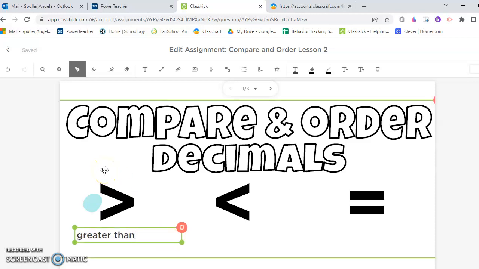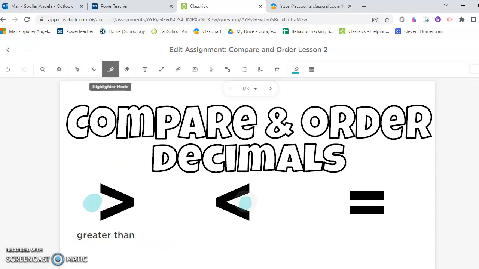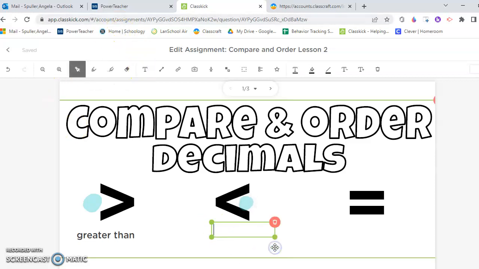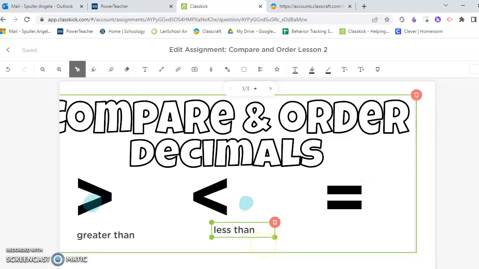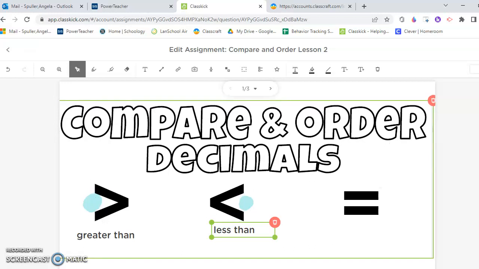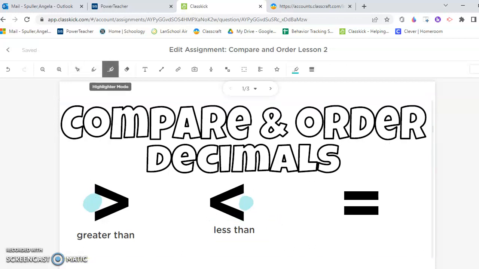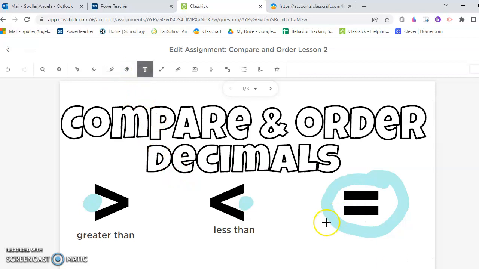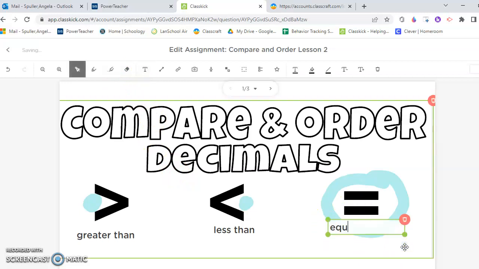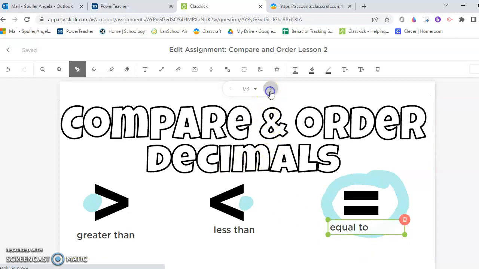And when his mouth is open to the right, we call this less than. Okay. When we have these two bars, we all know what this means. It means it's equal to. Okay, let's move on.